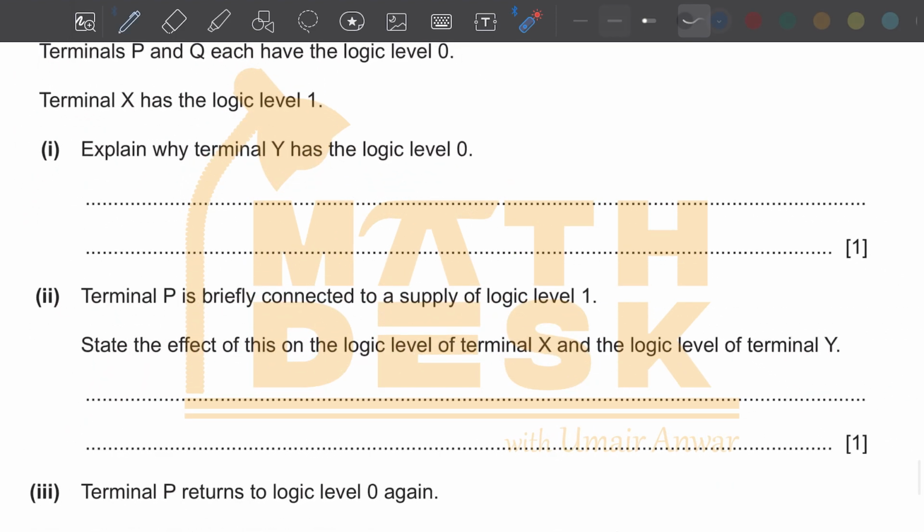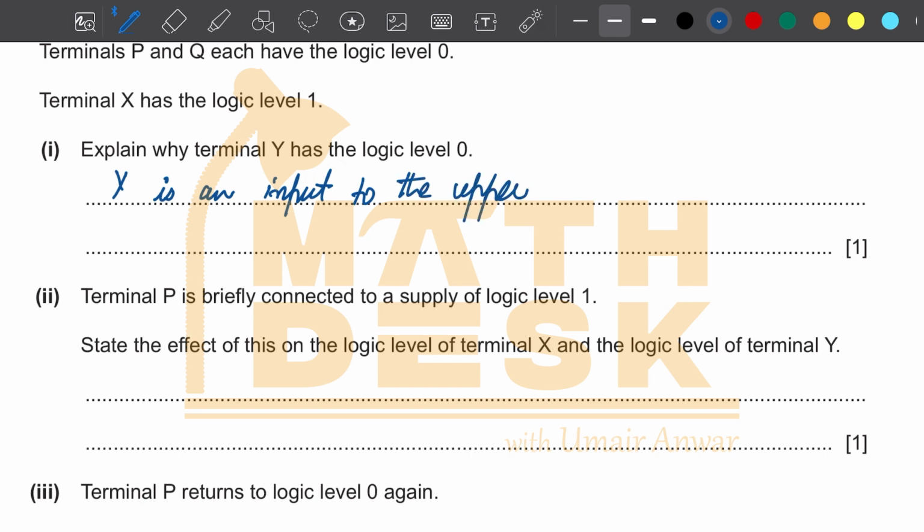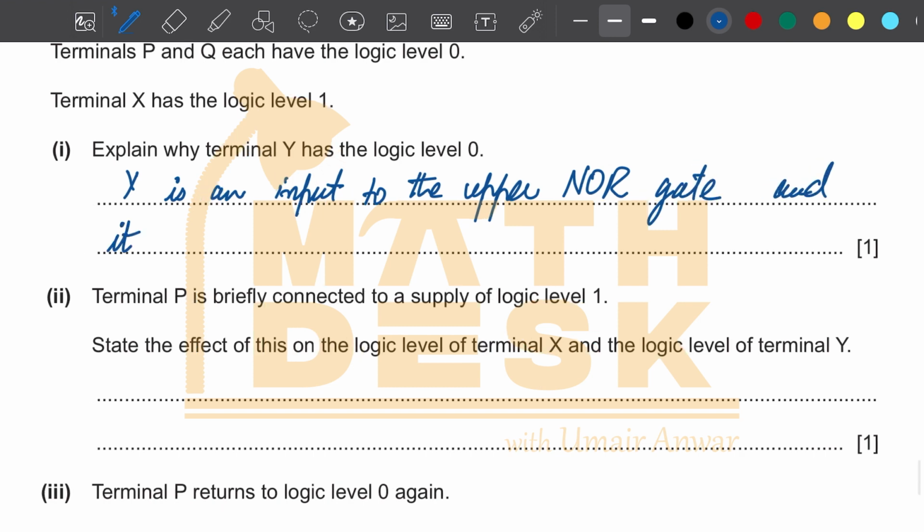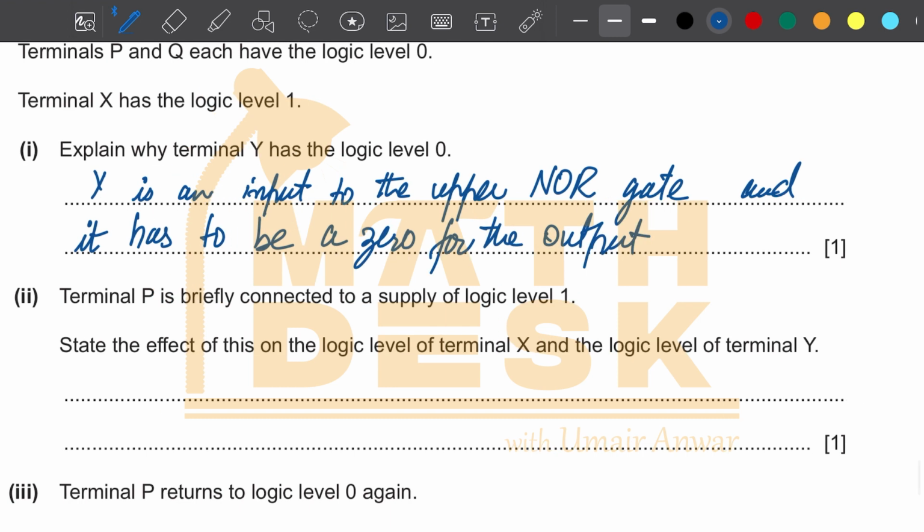So now we have to explain. I'm writing Y is an input to the upper NOR gate, and it has to be a 0 for the output to become 1.